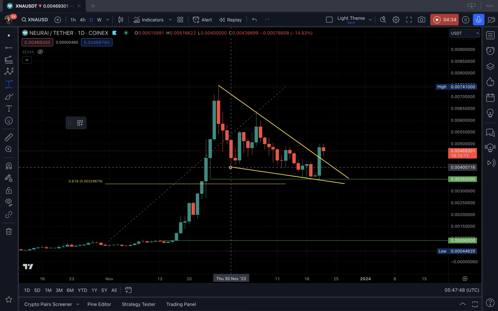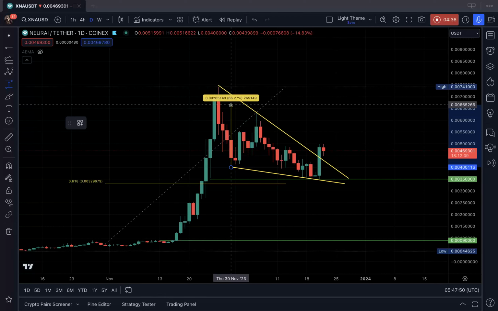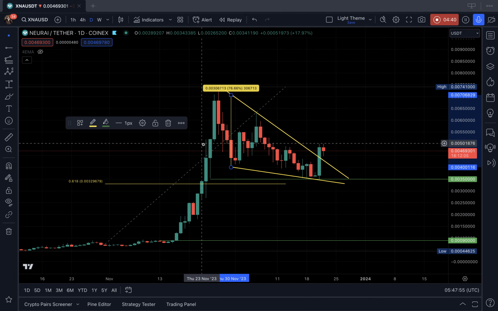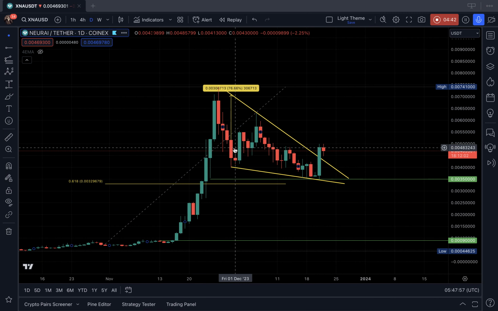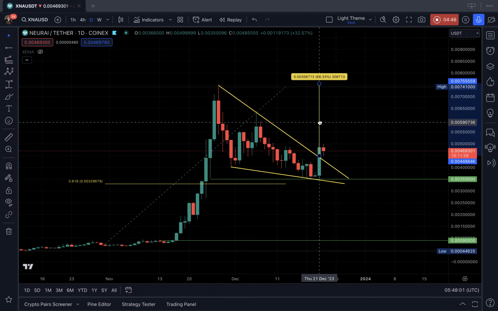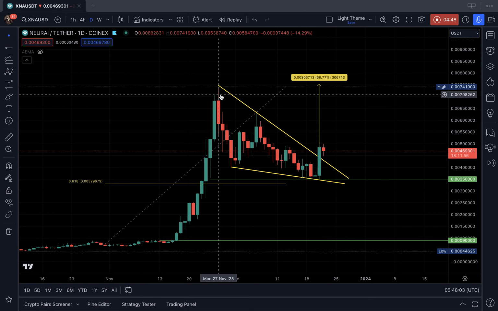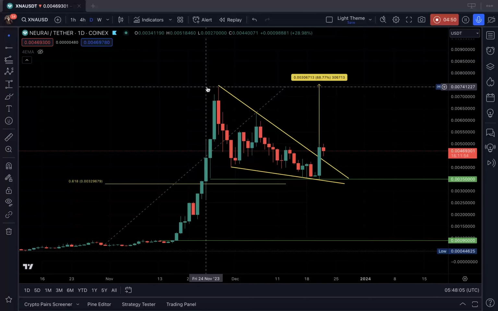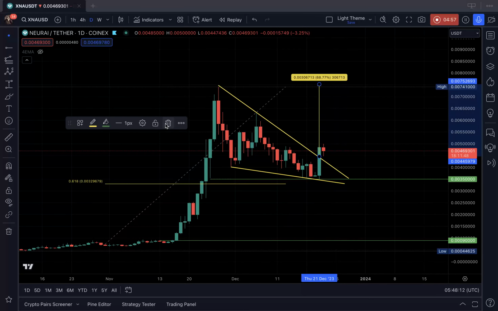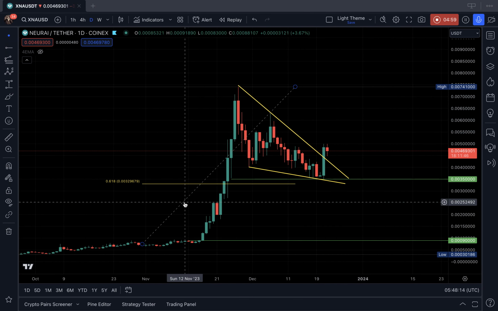What you do in a wedge is measure the widest part of the wedge and take a measured move from the breakout, which brings us about to the all-time high, to around 0.074. This is the least bullish target.